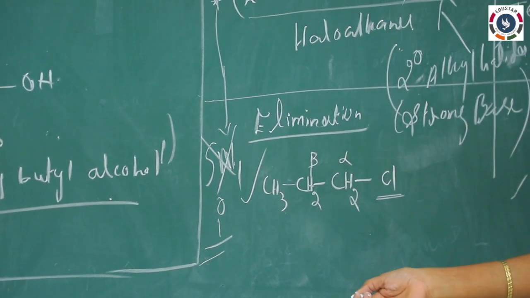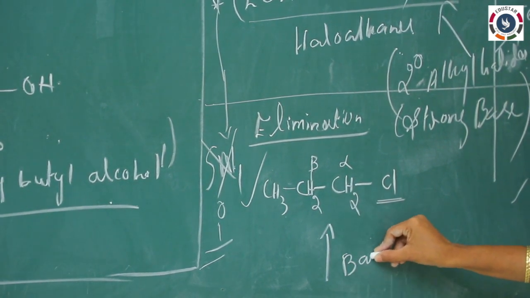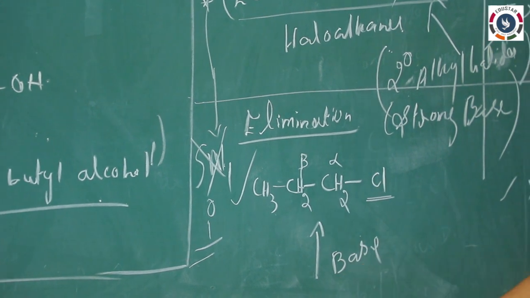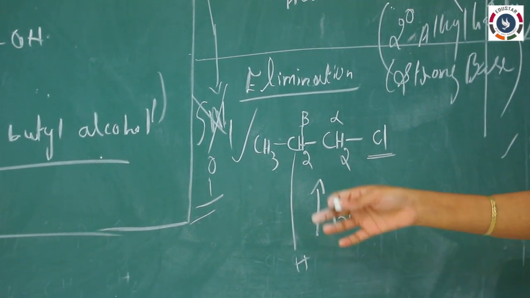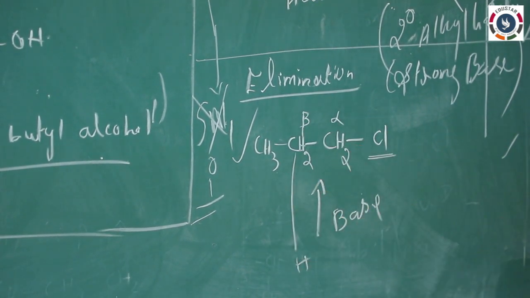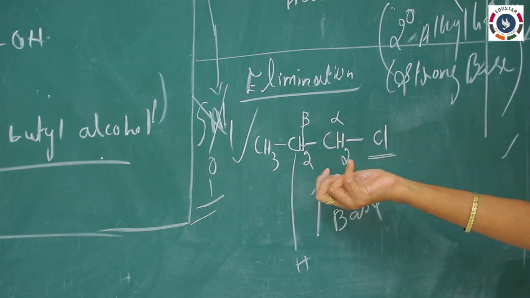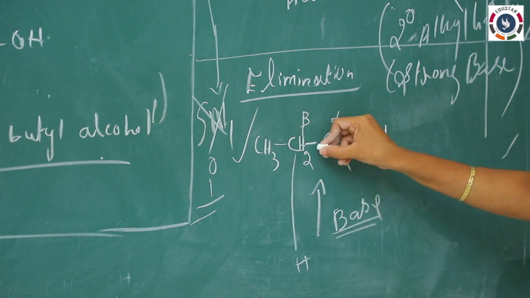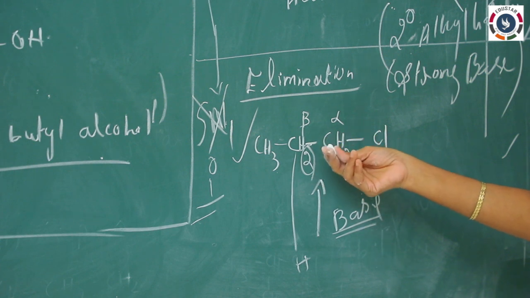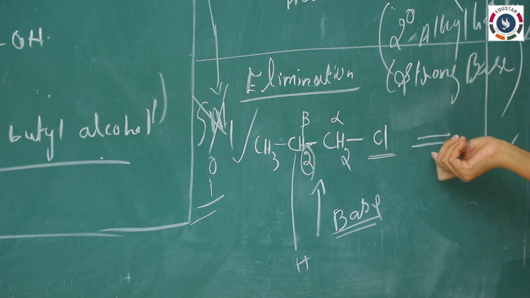In elimination reaction, the incoming strong base will tend to take over the hydrogen atom present in the beta carbon atom. In beta carbon atom there are hydrogen atoms, right? That hydrogen atom is going to be removed by the incoming base. After the removal of the hydrogen atom, what happens? There may be a formation of a double bonded structure in it. This may lead to the elimination reaction.